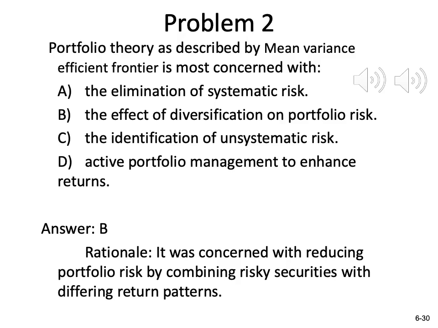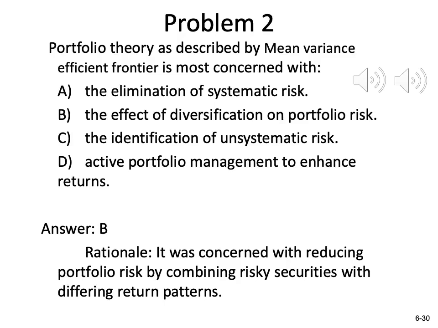A is not right because systematic risk can never be gotten rid of. C, identification of unsystematic risk. This is wrong because in a diversified portfolio, the unsystematic risk or the firm-specific risk is diversified away. We don't even need to worry about that.